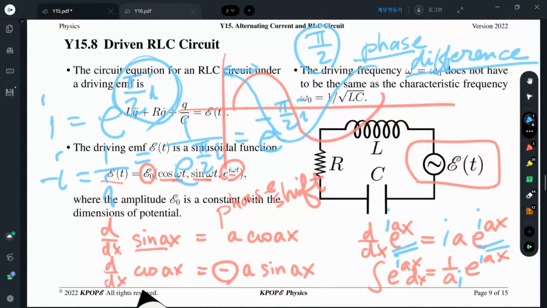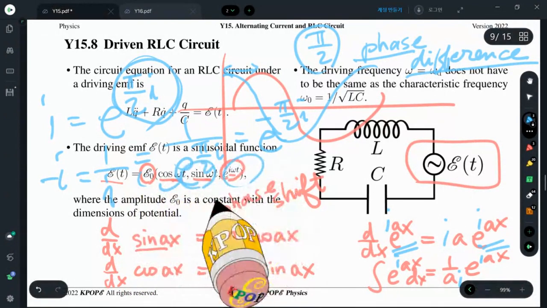However, in any case, your result must be the same.